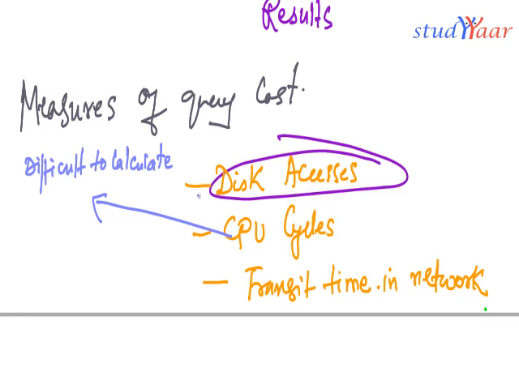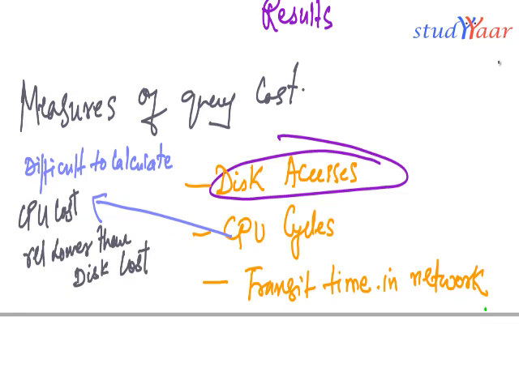So with reference to the disk cost, CPU cycle cost is relatively low. So I'm just going to write: CPU cost relatively lower than disk cost.